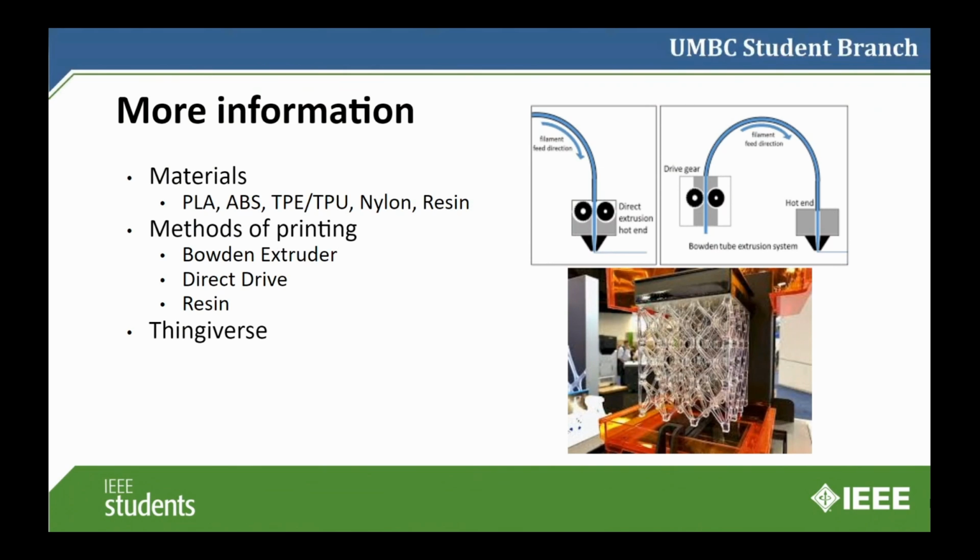But Bowden extruders are usually a little bit more common. What that is, which you can see right here on the right, is two motors, and those motors are programmed to push the plastic filament through the tube, usually a good amount of distance from your extruder.